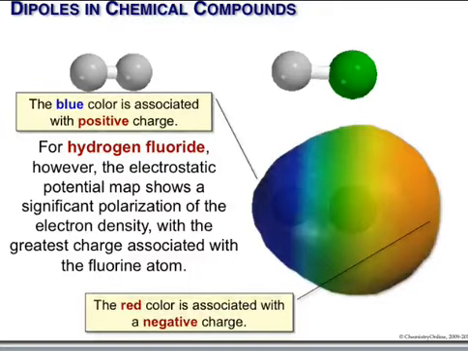What this basically says is fluorine is hogging all the electrons, isn't it? It's not sharing very nicely. We have positive charge at this end of the molecule and negative charge at this end. We'll see that this is very, very important when it comes to acids and bases, things like hydrogen bonding, etc.